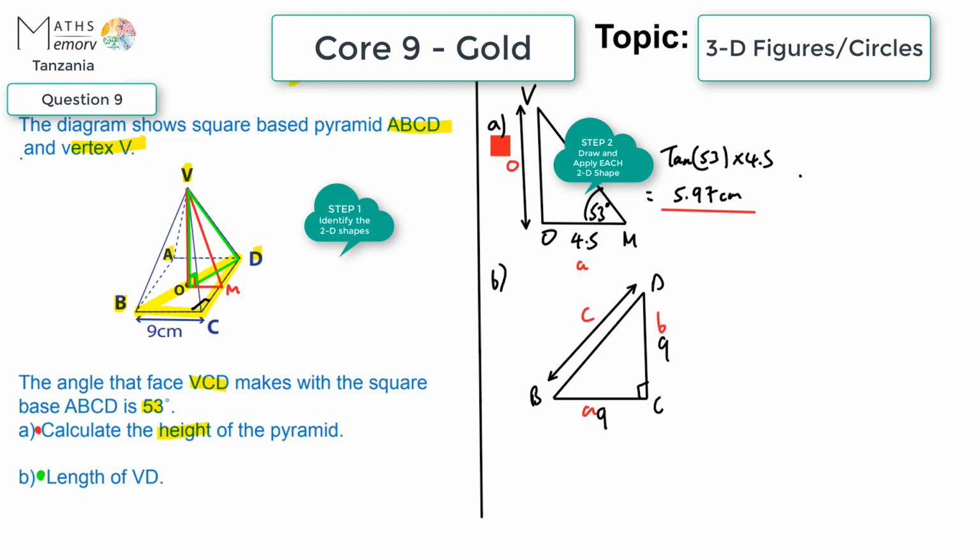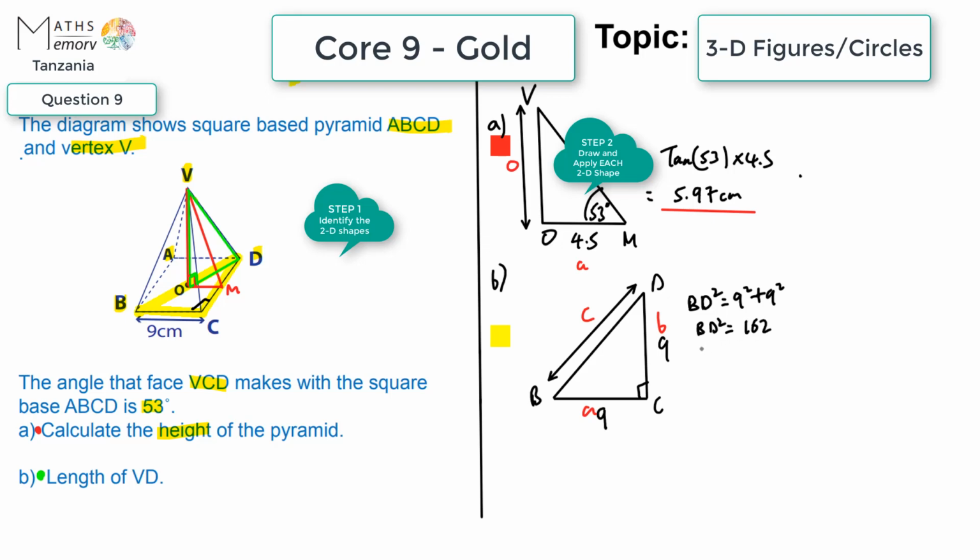So we'll do the same thing over again. It's quite simple. A squared plus B squared equals C squared. So we've got BD squared equals 9 squared plus 9 squared. That's C squared equals A squared plus B squared. So BD squared will give you 81 plus 81, so 162.